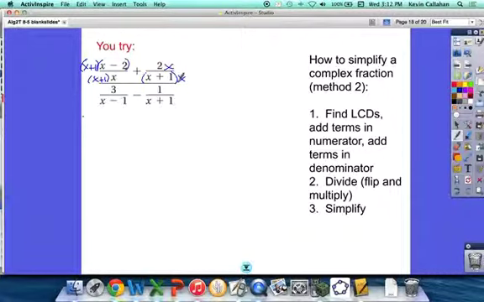And when I add that up, I'm going to get x squared plus x, minus x minus 2, plus the 2x. So what do we get all together? We have x squared plus x minus 2 divided by x times x plus 1.